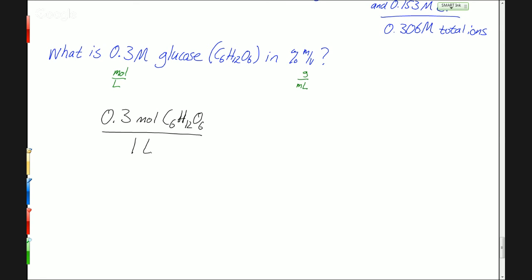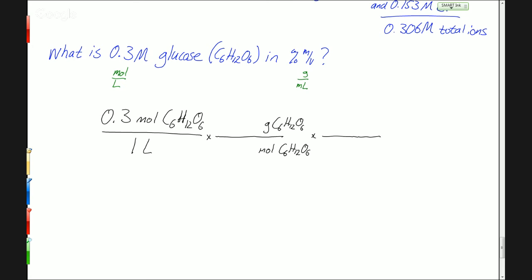And we can actually do this all together as a conversion, because you can convert units on top and bottom in the same string of factors. So we can come up with a factor that takes moles of glucose and converts it to grams of glucose. And then we can say that there are, well, a couple ways we could do this.